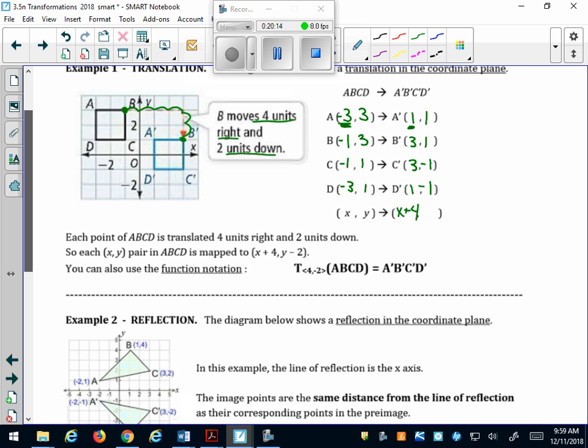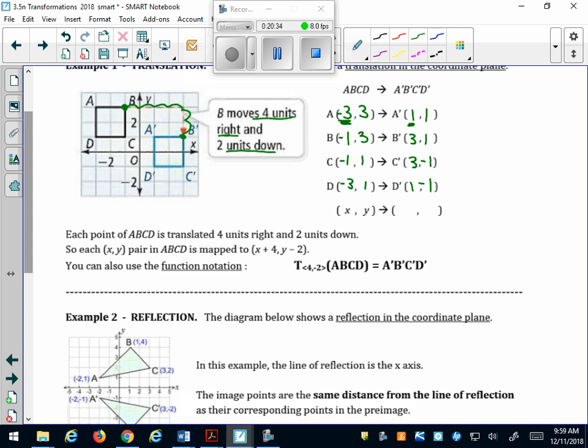You start with xy, and it maps to, and this is kind of giving you the rule for this particular transformation, add 4 to every x, and down 2, we're going to subtract 2 from every y. Let me write that over again. So that's one way of expressing it.